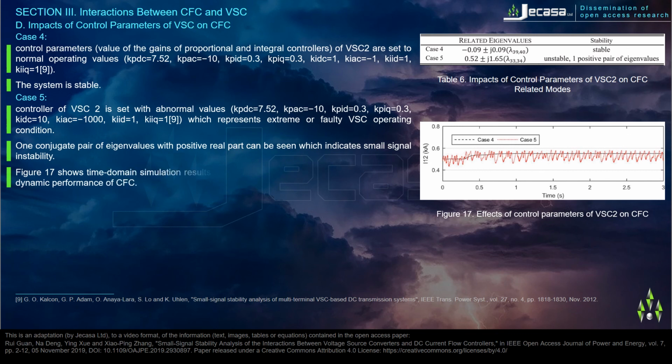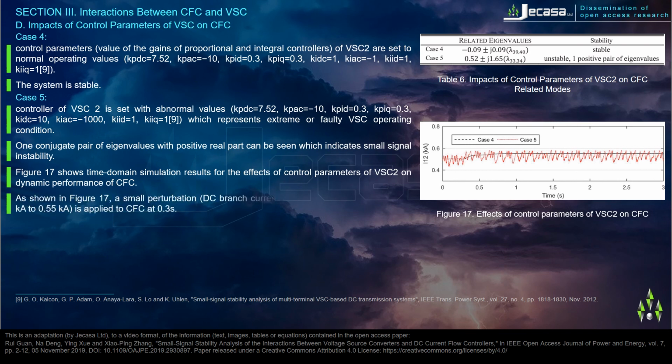Figure 17 shows time domain simulation results for the effects of control parameters of VSC2 on dynamic performance of CFC. As shown in Figure 17, a small perturbation, DC branch current reference I12 changes from 0.5 kA to 0.55 kA, is applied to CFC at 0.3 seconds.